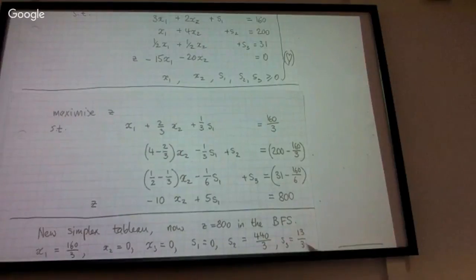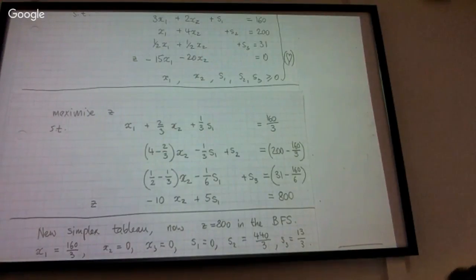Okay, so this is the new basic feasible solution. Is this an optimal solution? Any objections? Sorry, it's a feasible solution, but we don't know whether it's optimal.